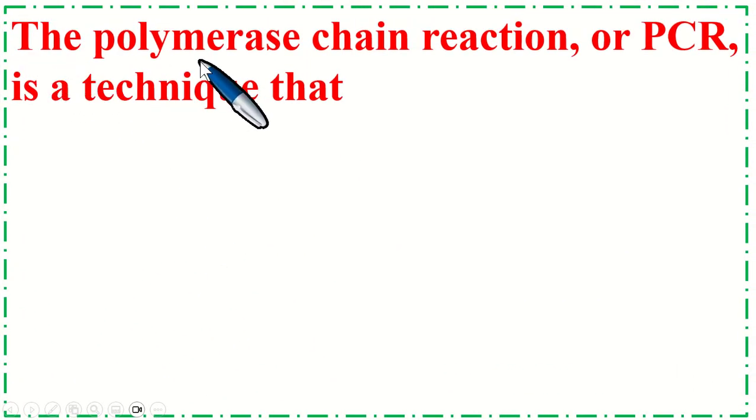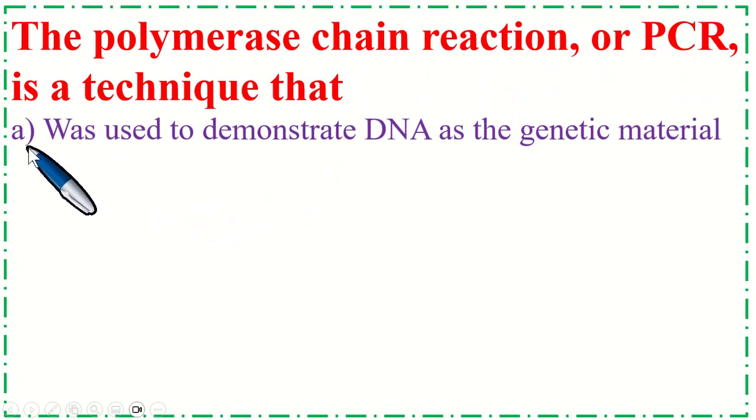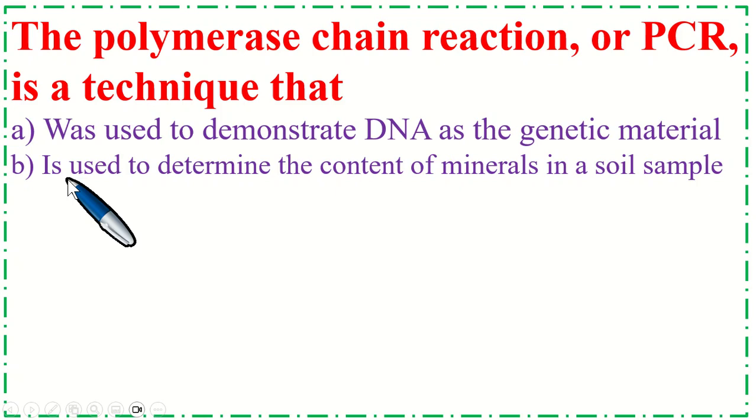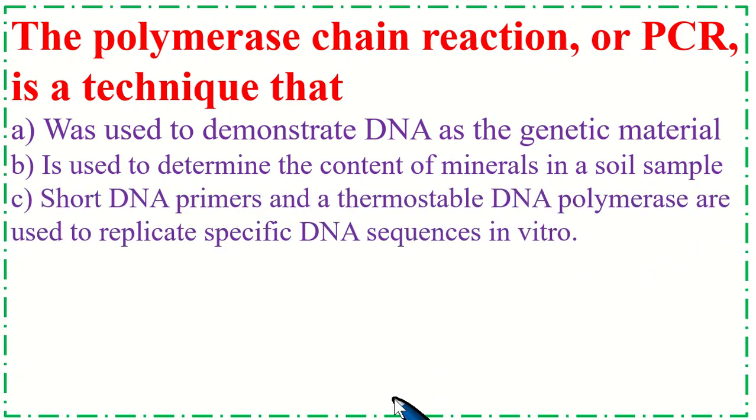The polymerase chain reaction, PCR, is a technique that option A, was used to demonstrate DNA is the genetic material. Option B, is used to determine the content of minerals in a soil sample.